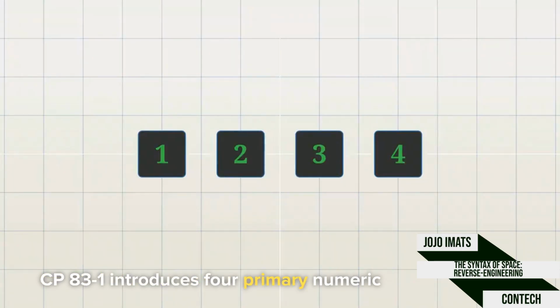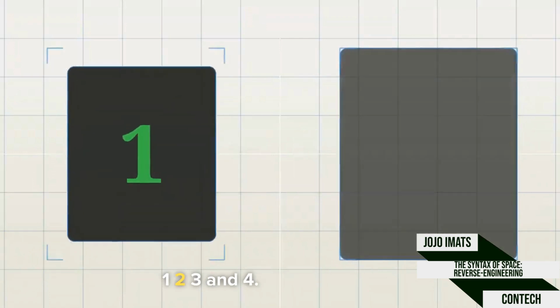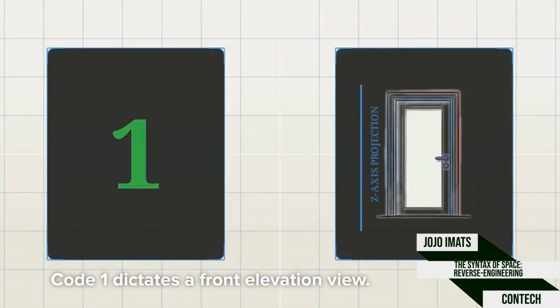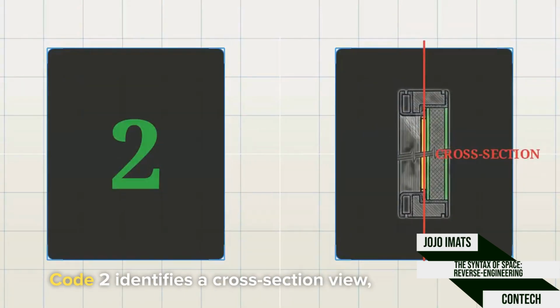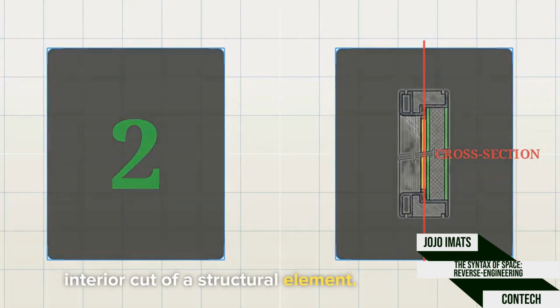To solve the orientation problem, CP83-1 introduces 4 primary numeric codes into the second character slot: 1, 2, 3, and 4. Code 1 dictates a front elevation view. It restricts the data to an upright, flat projection along the z-axis. Code 2 identifies a cross-section view, indicating that the graphic represents the interior cut of a structural element.